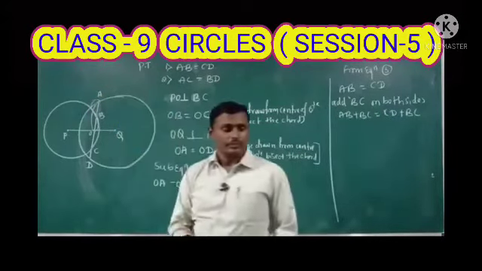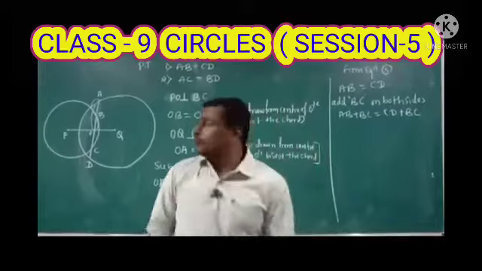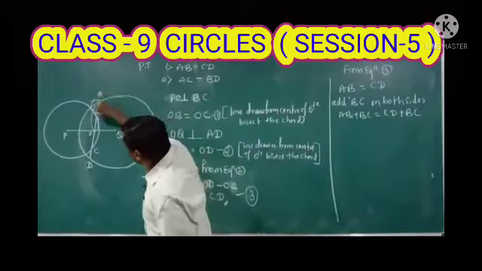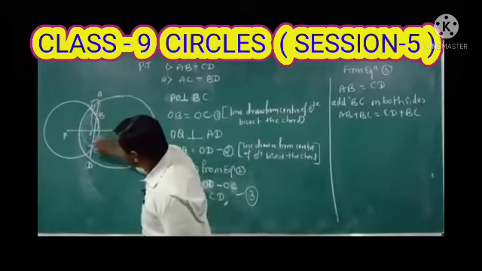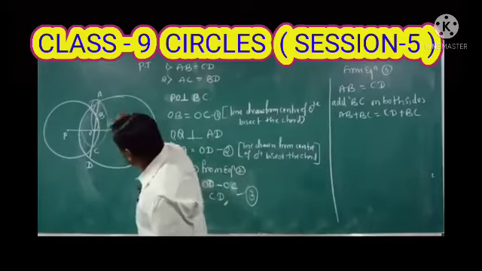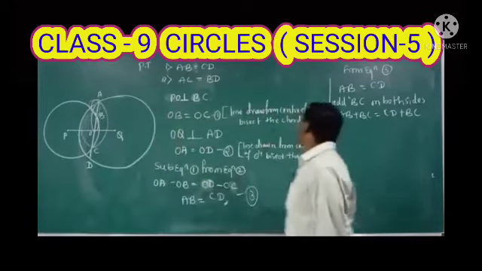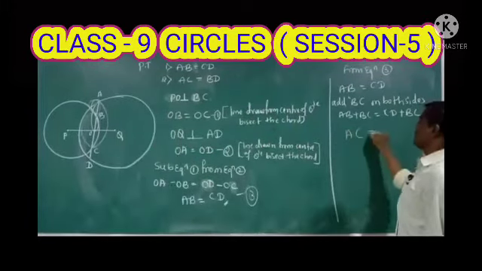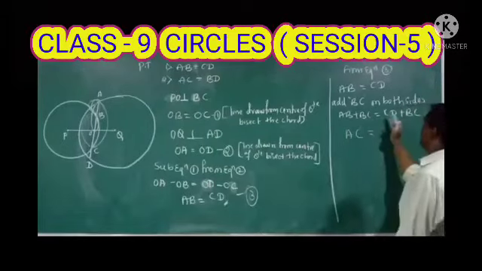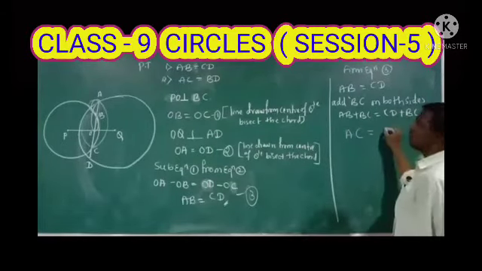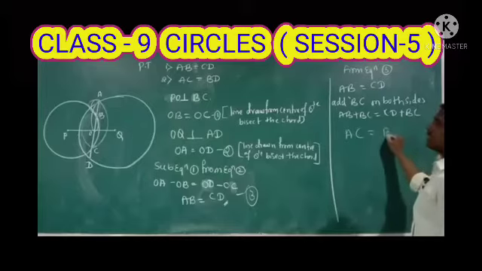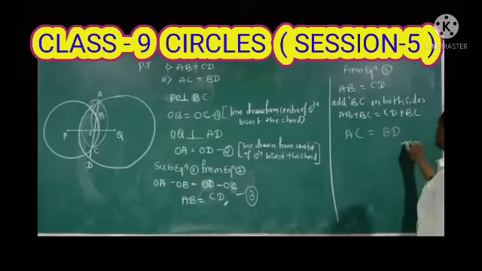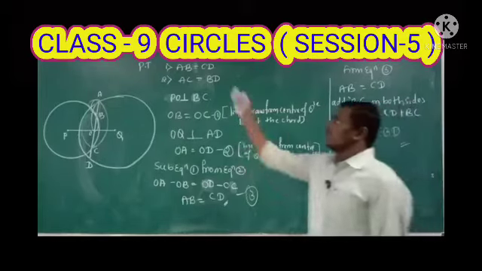AB plus BC gives one complete line segment that is equal to AC. Similarly, by adding CD plus BC, we get one more line segment that is equal to BD. So hence we proved the given statement.